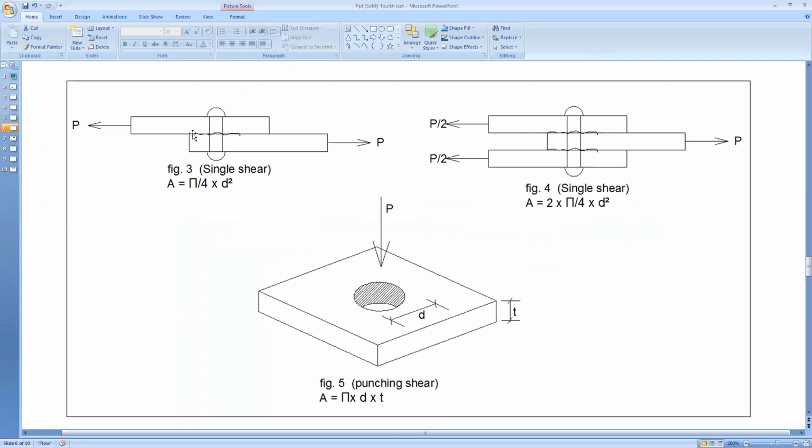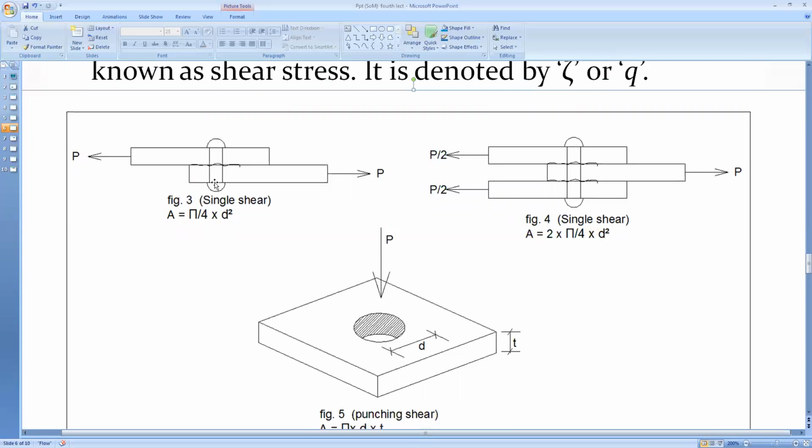There is only a single plane where the rivet can be cut. Such a phenomenon is called single shear.